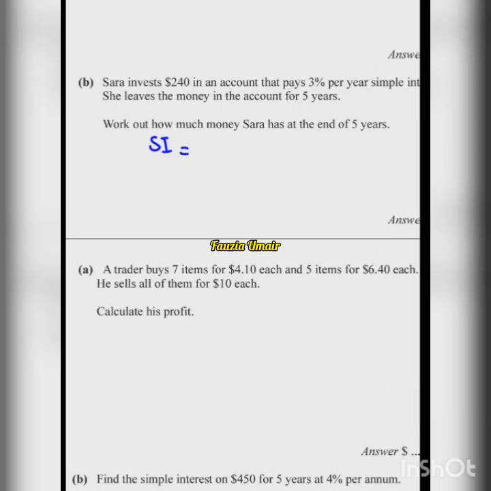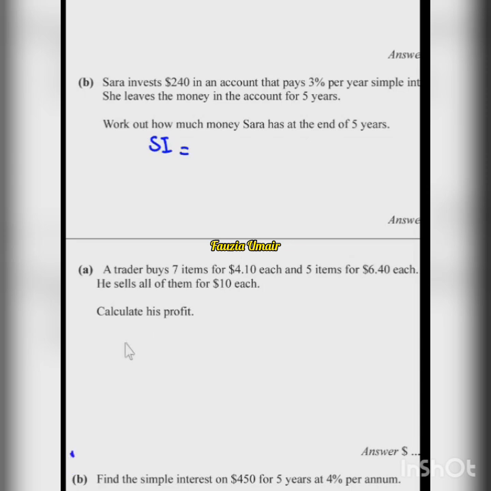Yes, ma'am. Okay, beta. So the next question is, a trader buys seven items for $4.10 and 5 items for $6.40. He sells all of them at $10. You need to find out how much is the profit.